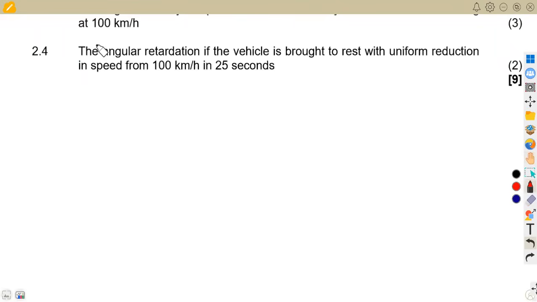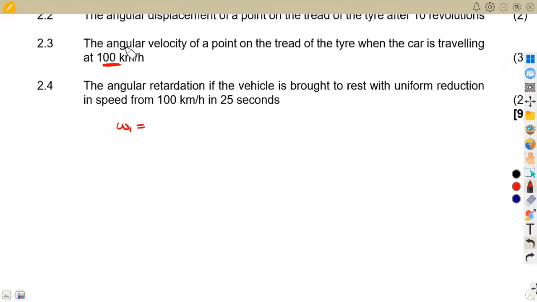So this is what they are saying. From the 100 kilometers per hour, we have our omega 1, the speed that we calculated in our previous question, 137.175 rad per second. This is our initial.